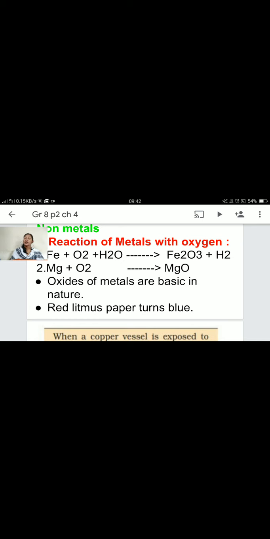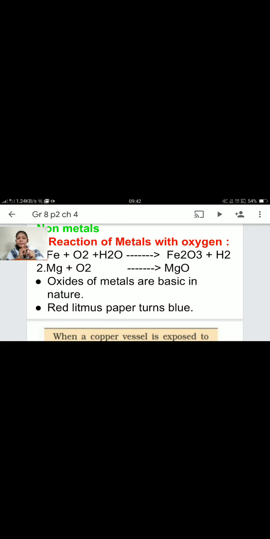And what is our conclusion from this activity? That all the oxides of metals, oxides meaning those in which oxygen is present, are basic in nature. Why basic? Because we already studied in grade 7 the litmus paper change.